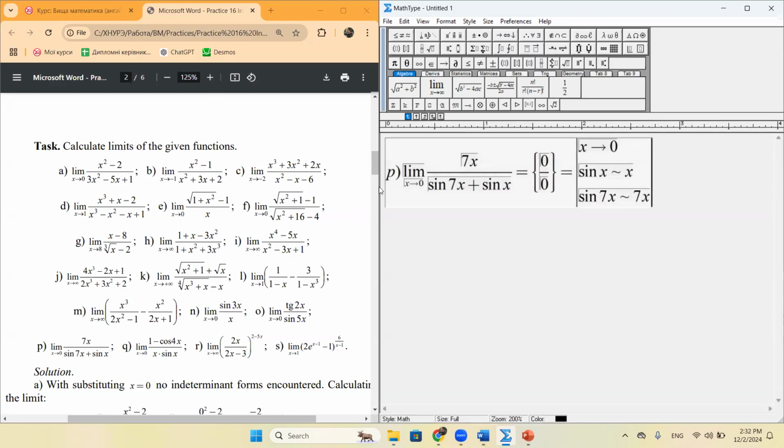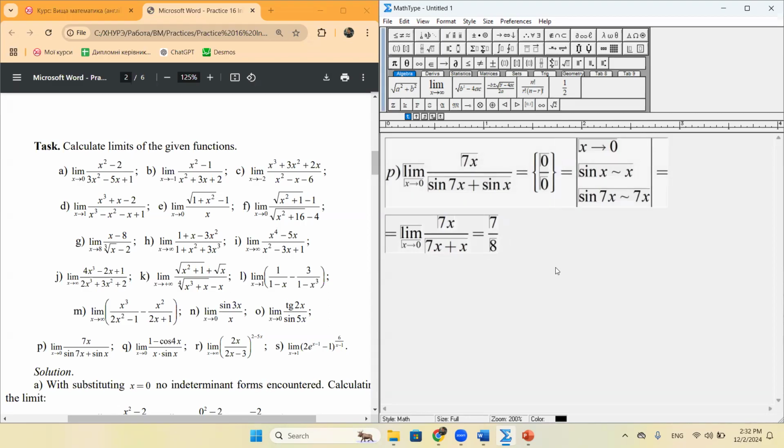So we will replace sines just with the linear parts, and it will simplify our calculations. So no need to add trigonometric functions. And basically we just have 7 by 8. So this is the final answer.